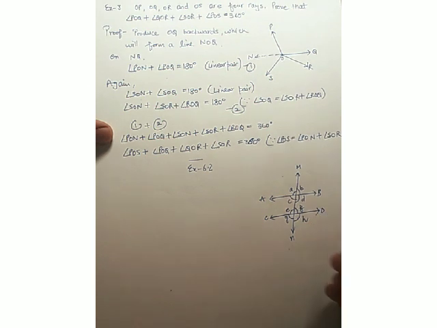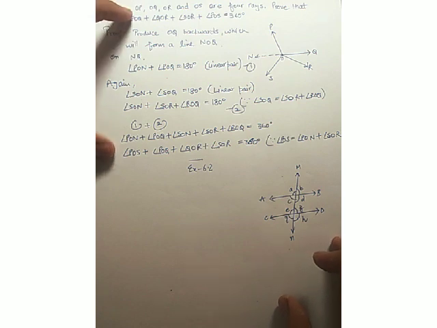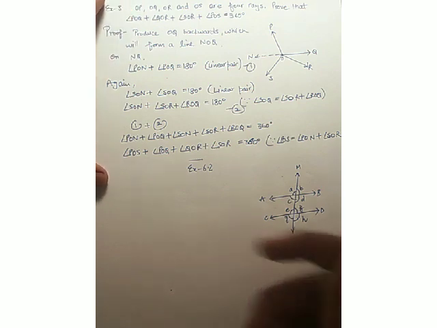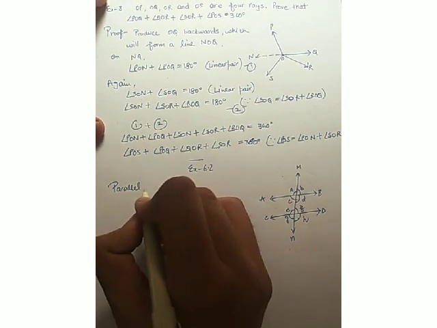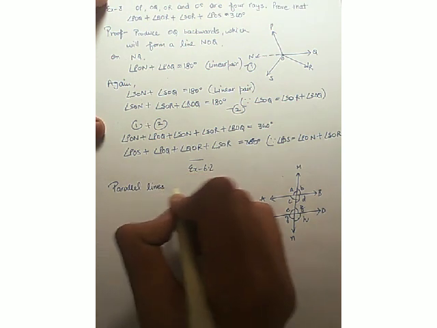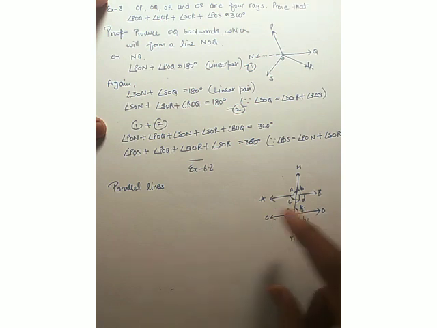For example, the first concept which will be used in this exercise is parallel lines and a transversal. Parallel lines, of course, are lines which do not meet; it is said that parallel lines meet at infinity. It means they literally do not meet, so those lines are known as parallel lines.